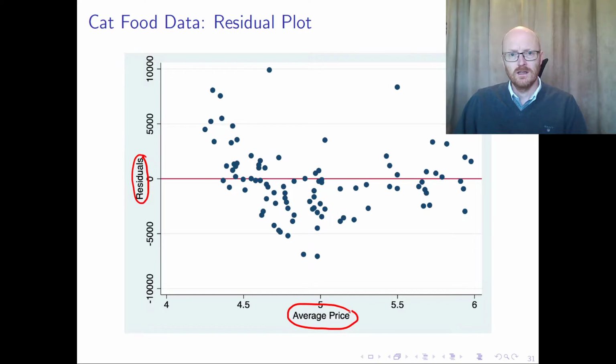Okay, so this is just twoway scatter plot, with the residuals versus the average price.